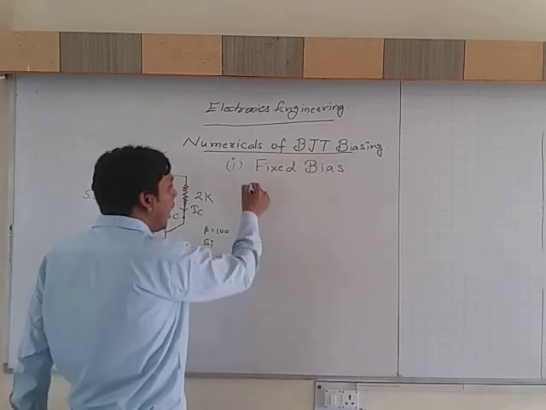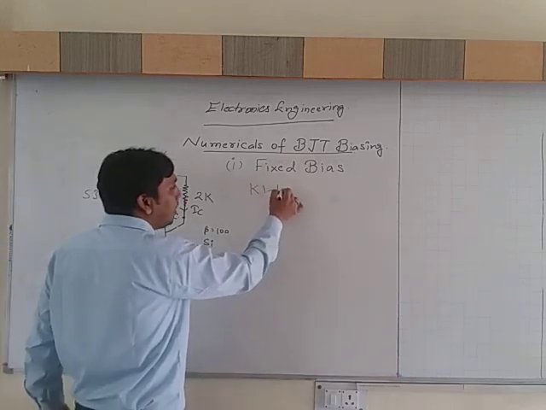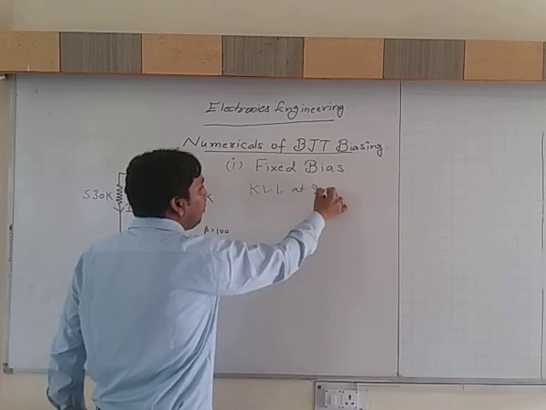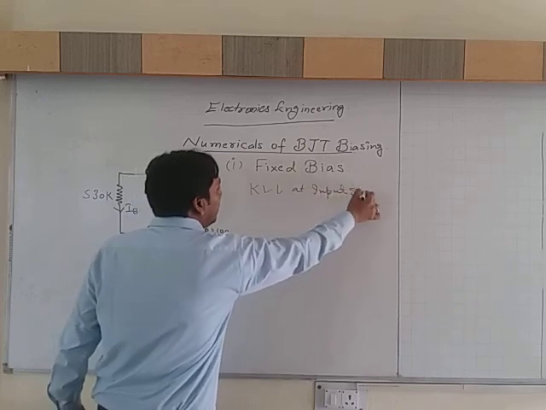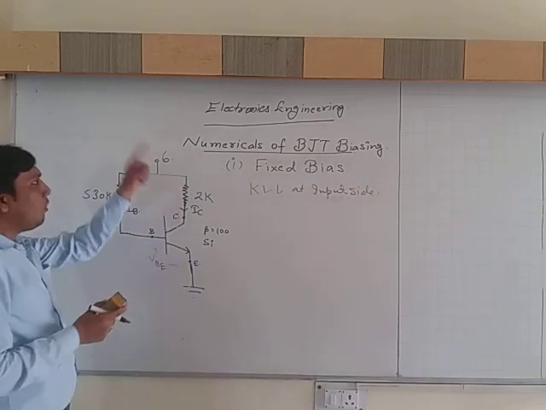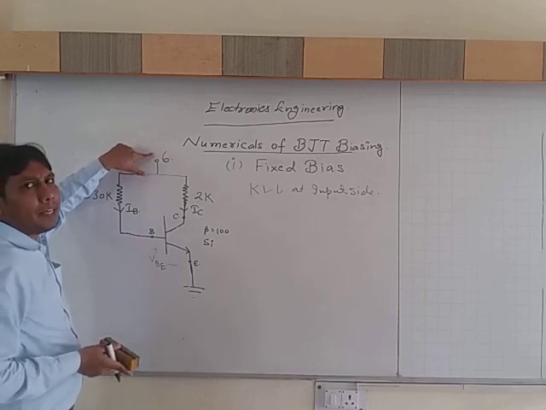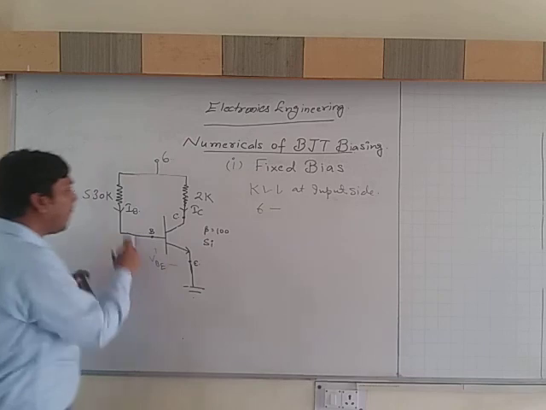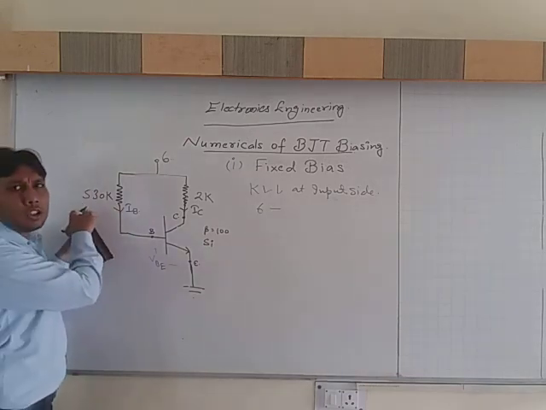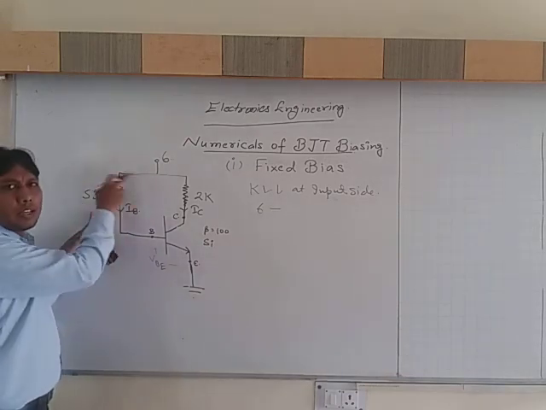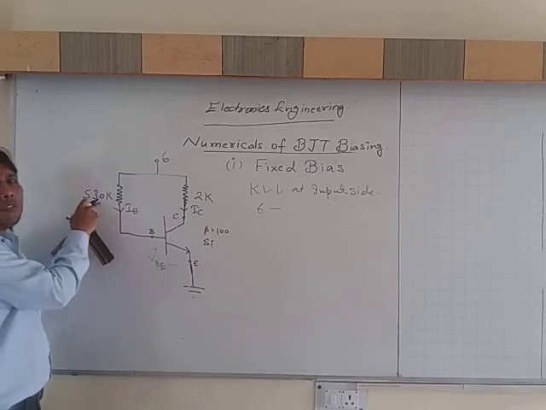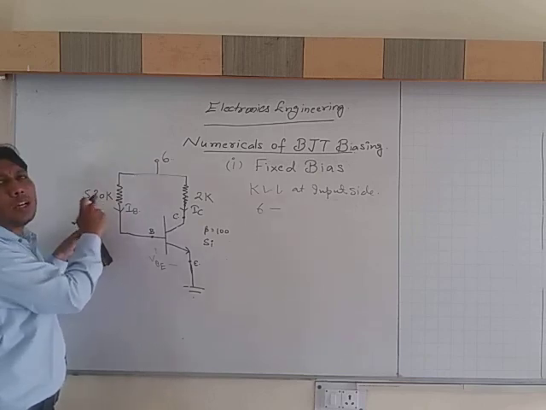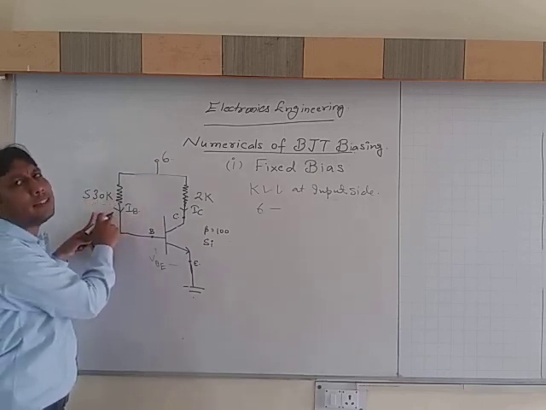So first we will apply the KVL at input. What we will get? We will start from the supply battery, that is 6 volt. So it will be 6 minus the voltage drop across this resistor. That will be the value of this resistor into the value of current flowing in this resistor.